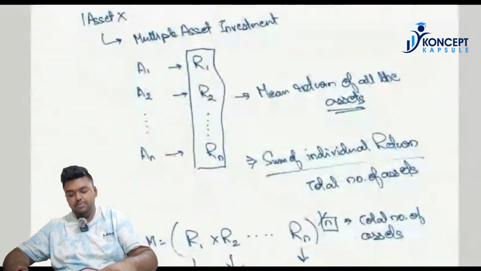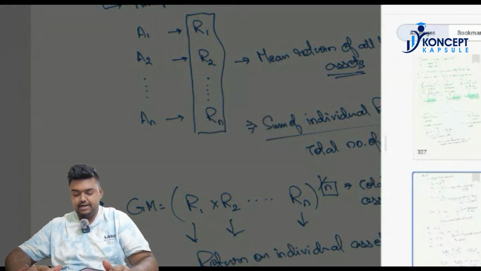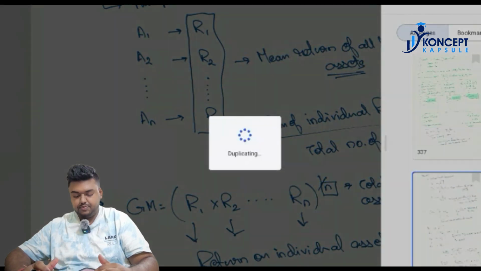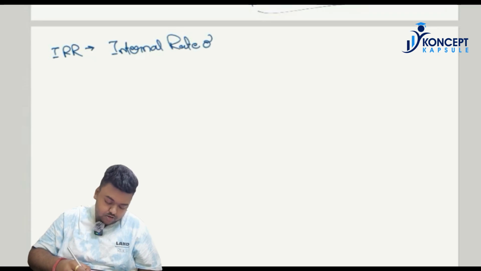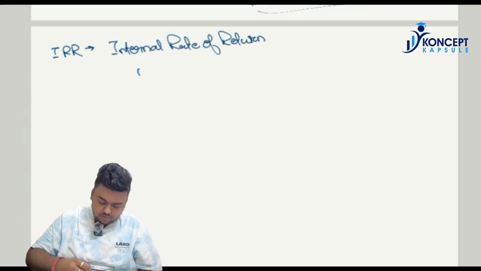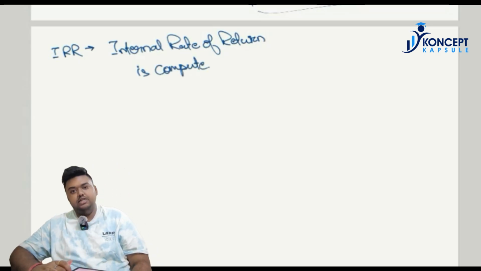So basically what money weighted rate of return is saying is that the IRR, which is nothing but the internal rate of return, is computed. Now, what is internal rate of return?